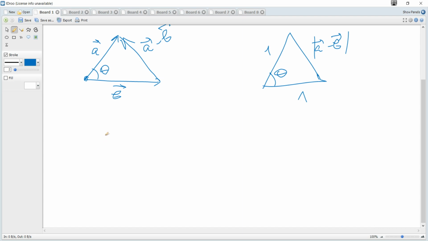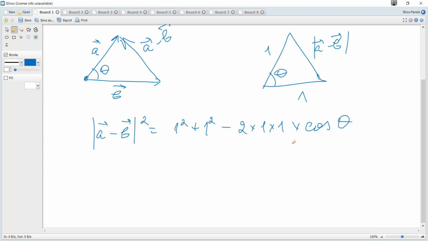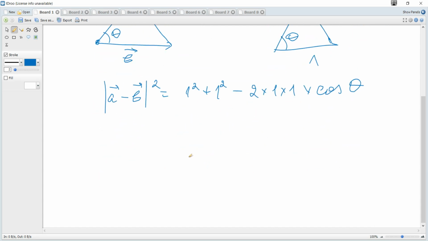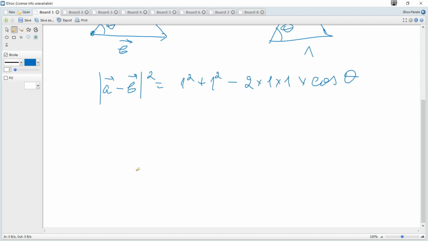The formula is given in the data booklet, and it says: the side squared is equal to the sum of squares of the two other sides minus 2 times these sides times the cosine of the angle between them. But we need it in terms of sine of theta over 2, so we should use the double angle formula.